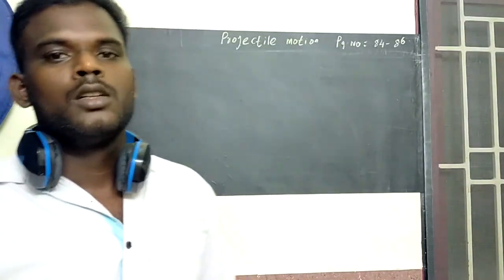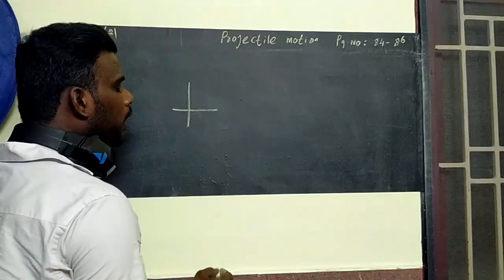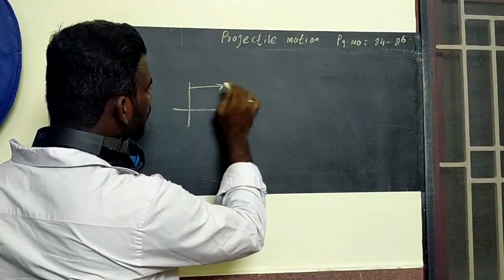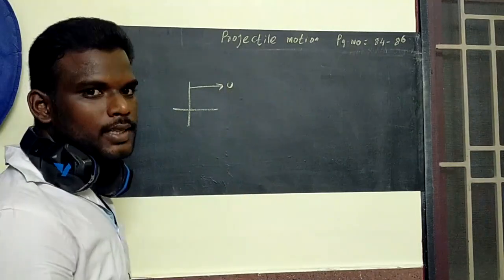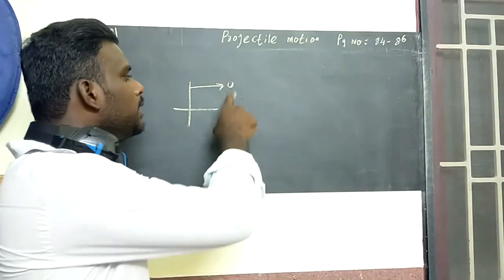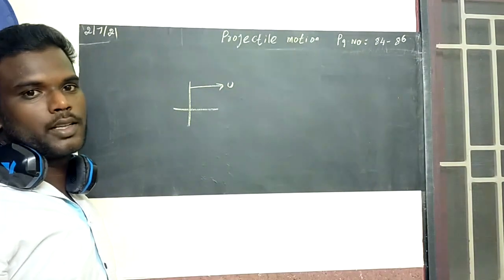Fine. So I told you there are two kinds of projectile motion. The first one, we saw that we are throwing a body with some initial velocity u purely in the horizontal direction. It does not make any angle with the horizontal.